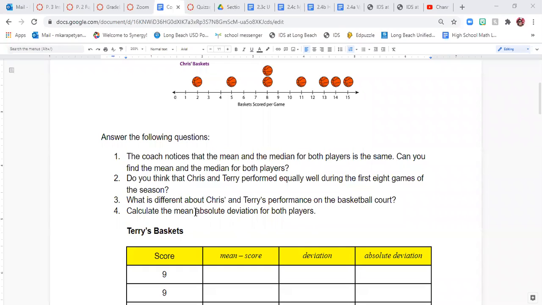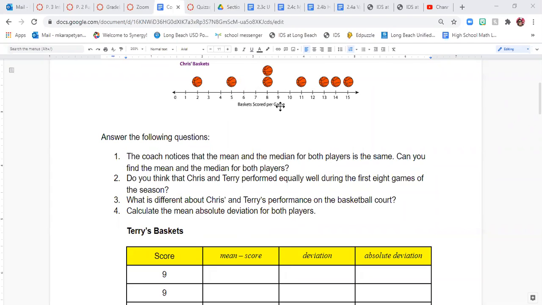What's our mean and median for both players? Mean and median for both players. Valerie, go for it. All right, Val, thank you. 9.5. Okay. Janelle, confirm or did you get something else?